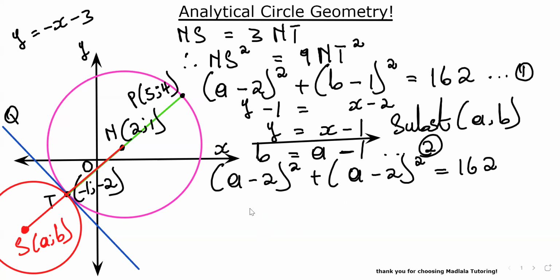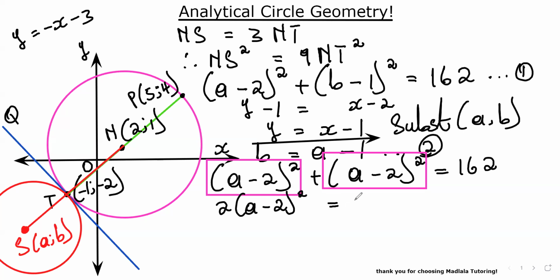Okay. But if you look at it carefully, these two things are exactly the same. So you can add them up because they are like terms. So you get 2 times A minus 2 squared. And this is equal to 162. And you want to divide both sides by 2.